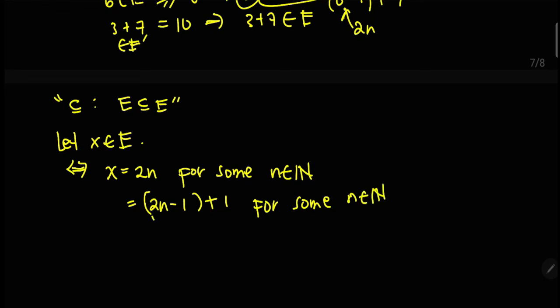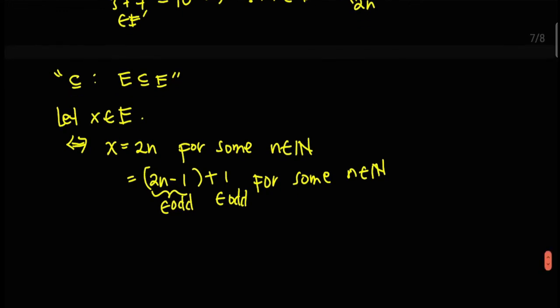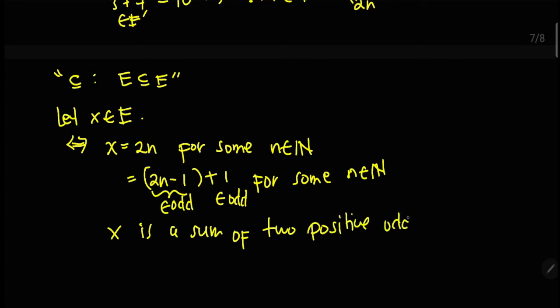But now, 2n minus 1 is an odd number, which is positive, right? And 1 is also an odd number, which is also positive. So we were able to express the number x as a sum of two positive odd numbers or integers.